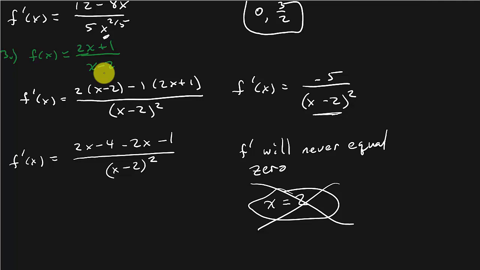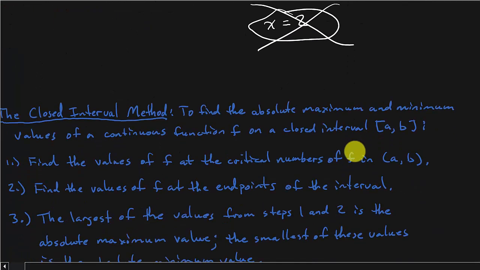Where the first derivative is 0 or where the first derivative is undefined, that's where your critical numbers are, provided that those numbers are in the domain of the original function. All right? So if you're taking notes, you need to write that down and put a bunch of big stars by what I just said.